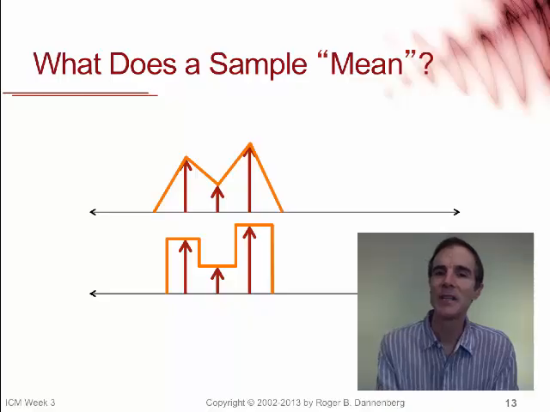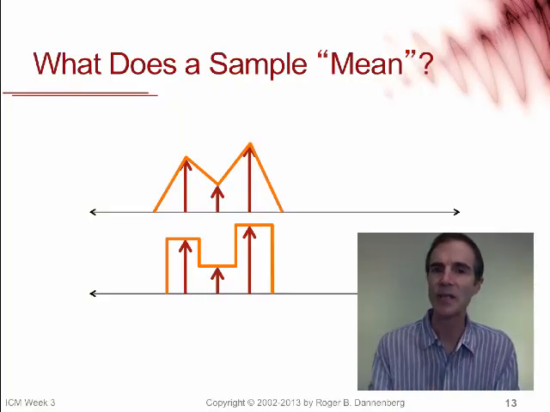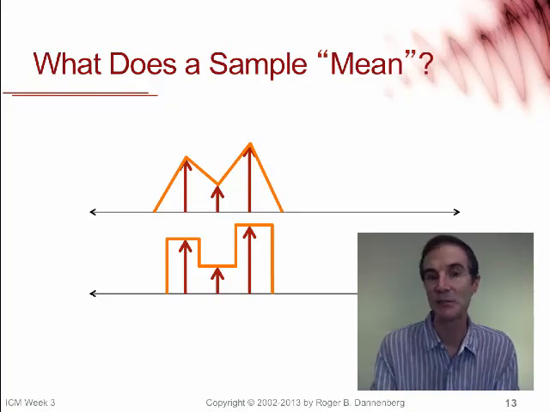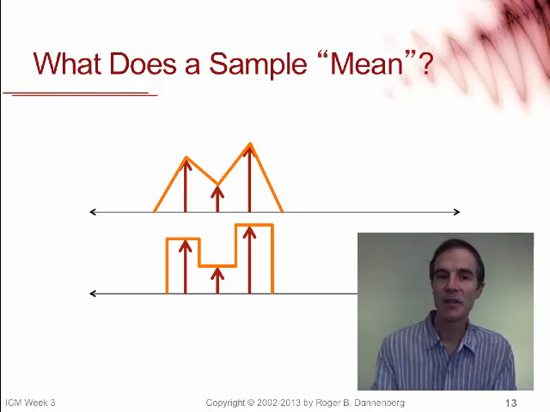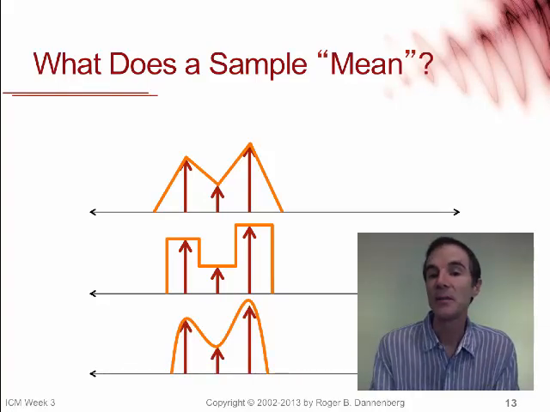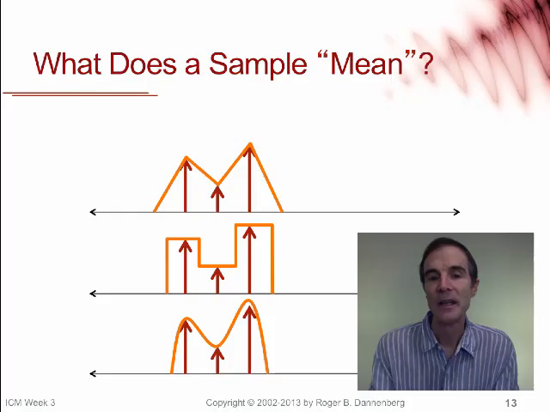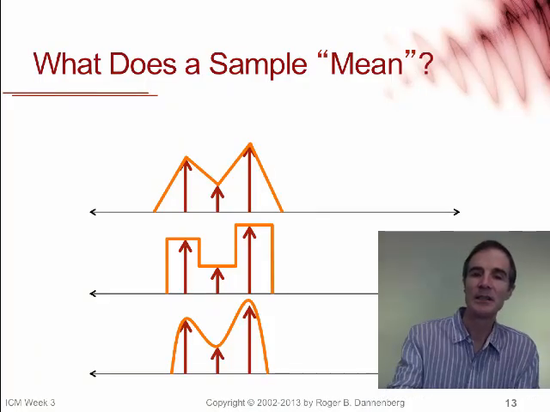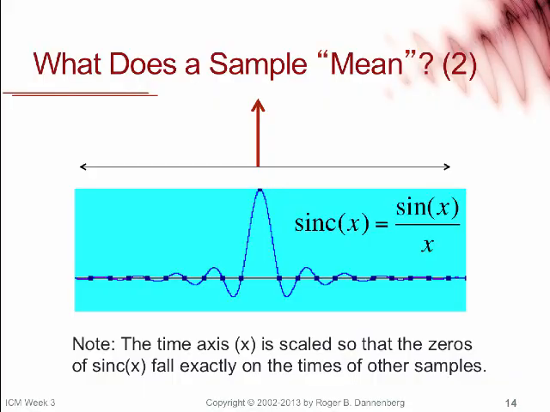You might think that each sample represents one of these sample hold pulses, but remember, that's not what the original signal looked like. The original signal is smooth and doesn't have these sharp corners. So maybe we smoothly interpolate, and that's more or less correct. The actual implication of a single sample looks like this.